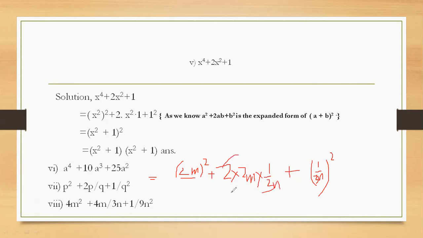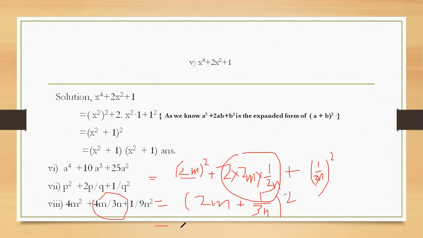And check it here. When you multiply these, does this give 4m by 3n or not? Yes, sir, it gives 4m by 3n. Now this is the formula of which one? This is the formula of 2m plus 1 by 3n whole square. It means how many factors are there?